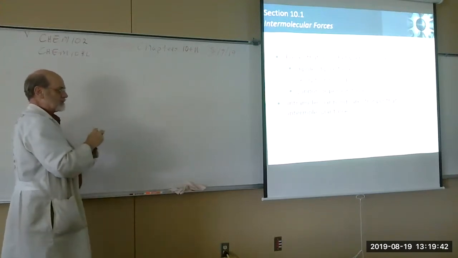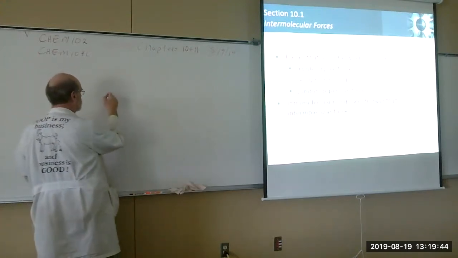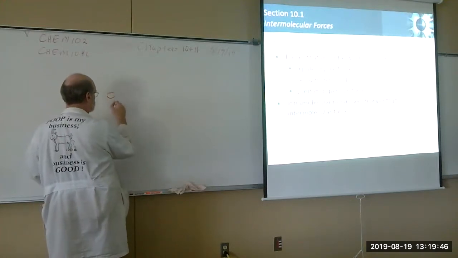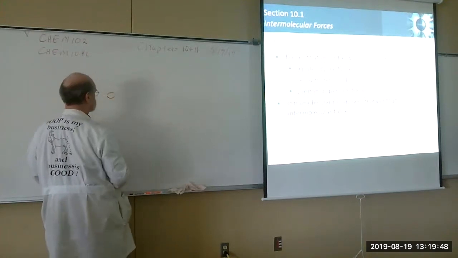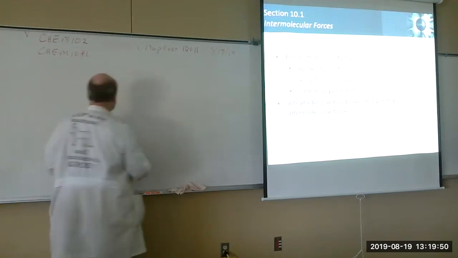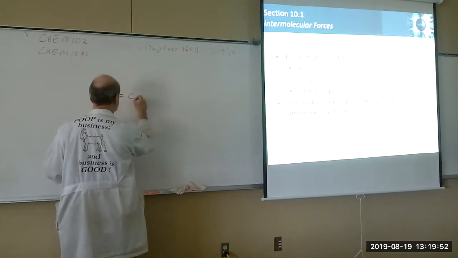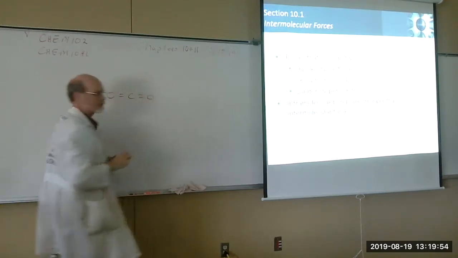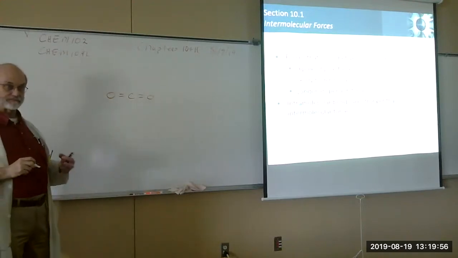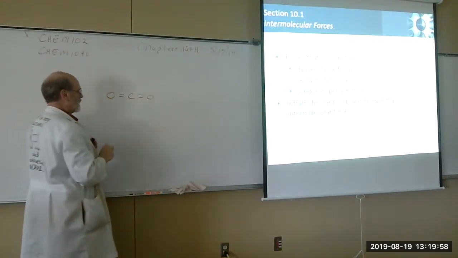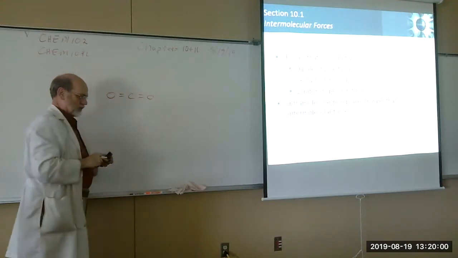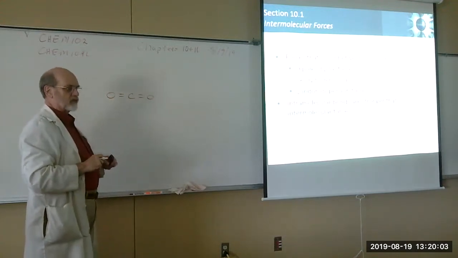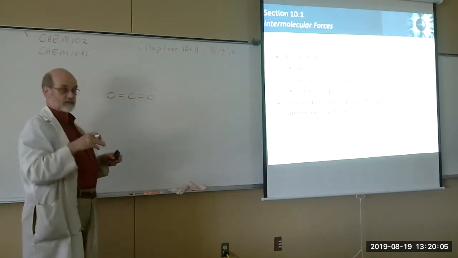Now, if the distribution of electrons between the atoms, let's do this one. Carbon dioxide would be like that. We can speak of polarity in terms of bonds and in terms of molecules.